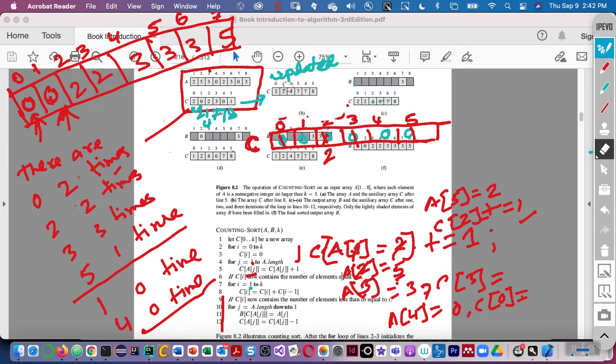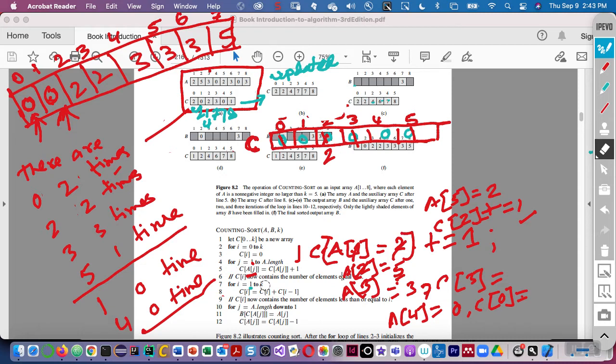But this will tell us the last position of each, but with the condition if it exists. Now the last loop, the last for loop. So far we learned that we need to get the position of occurrences of a value from here.